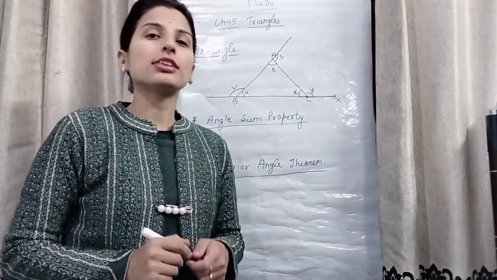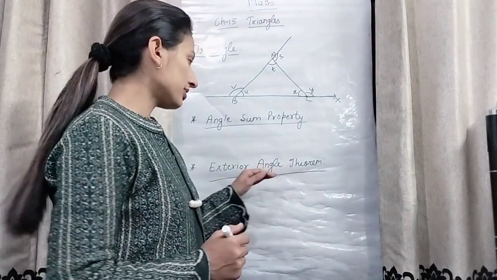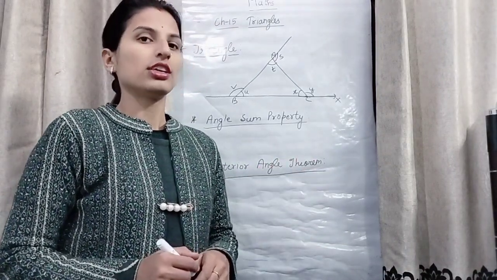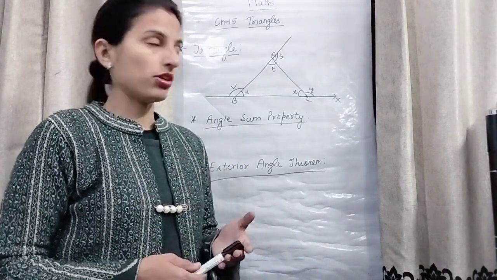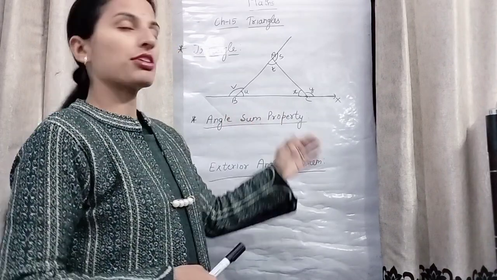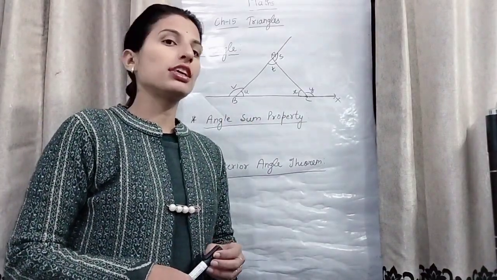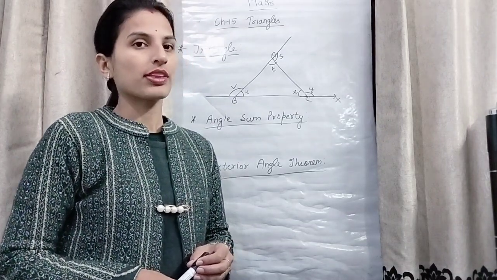Listen, the angle sum property is related to the interior angles of a triangle, and the exterior angle theorem is related to the exterior angle of a triangle. And what is the statement of these two theorems? Angle sum property: the sum of all the interior angles of a triangle is always equal to 180 degrees.